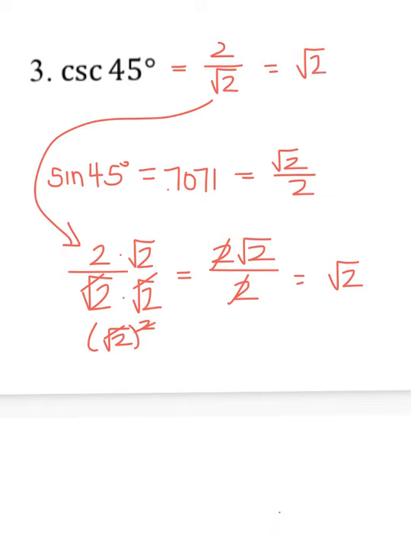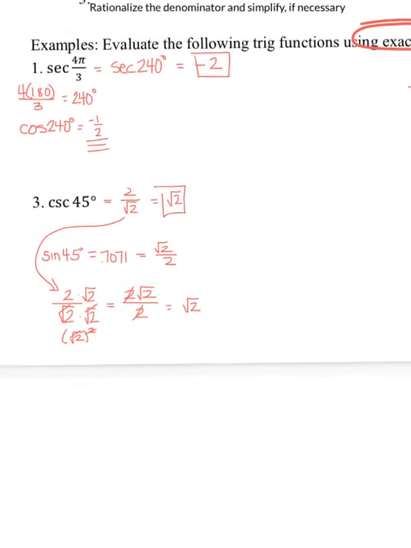Okay? So cosecant of 45 degrees is equal to 2 divided by the square root of 2, but then you rationalize that and you clean it up, and you get really just the square root of 2 as your final. All right? And then the last one, number 4.